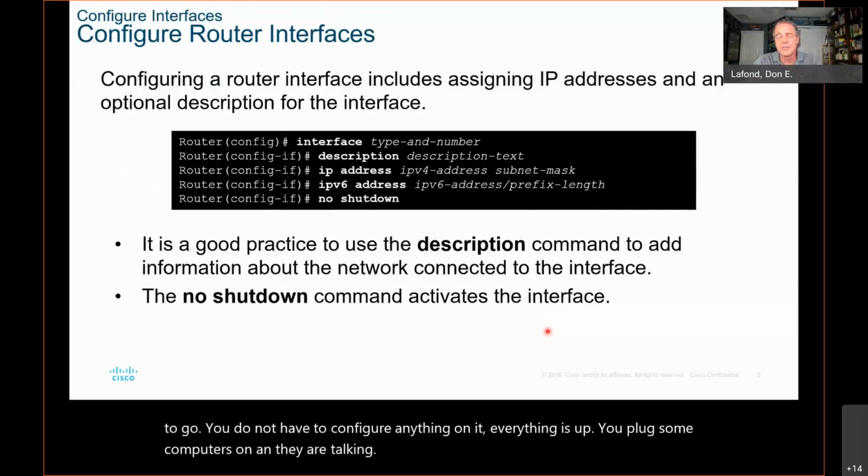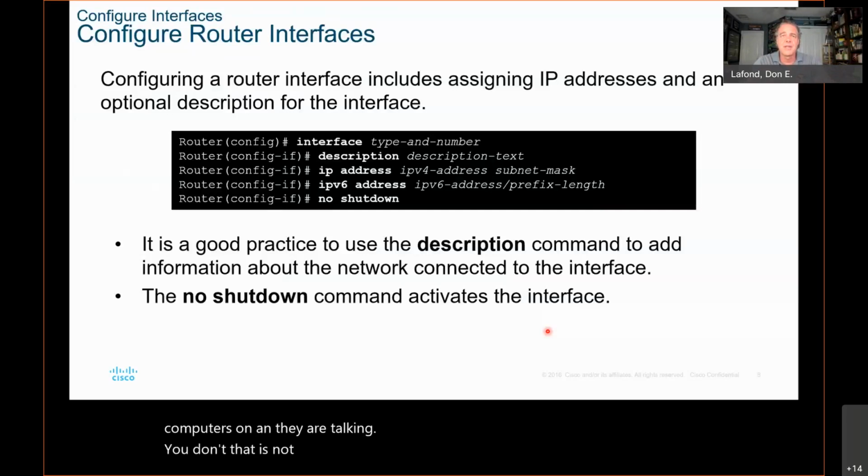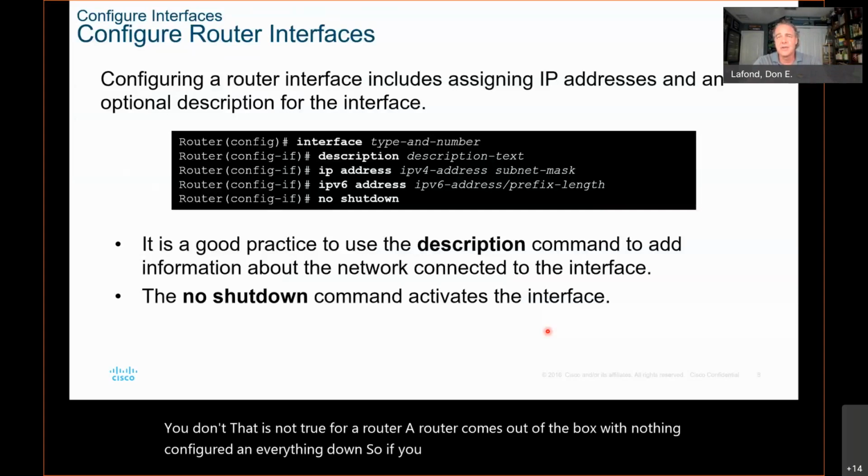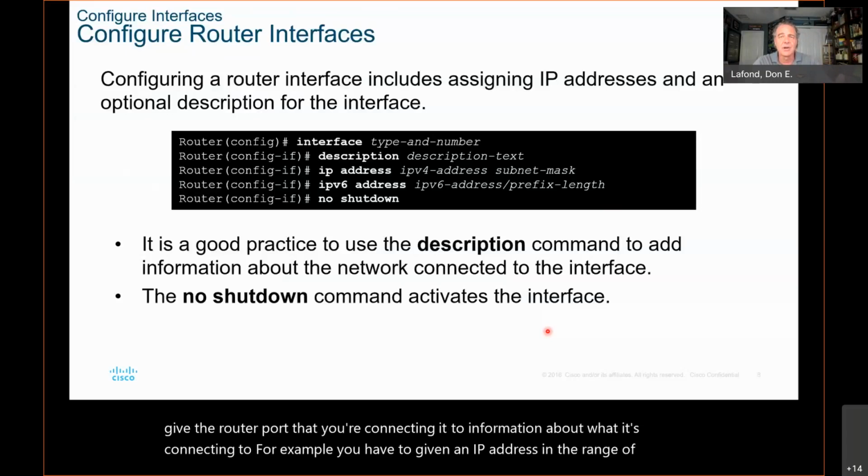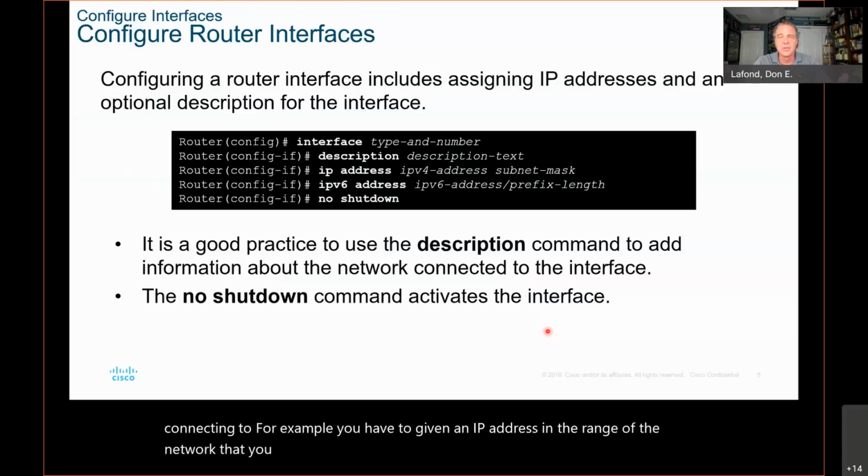That is not true for a router. A router comes out of the box with nothing configured and everything down. So if you connect anything to the router, you have to give the router port that you're connecting it to information about what it's connecting to. For example, you have to give it an IP address in the range of the network that you are connecting to the router.